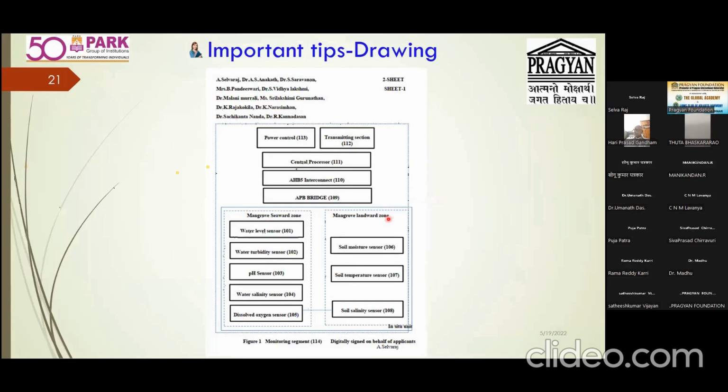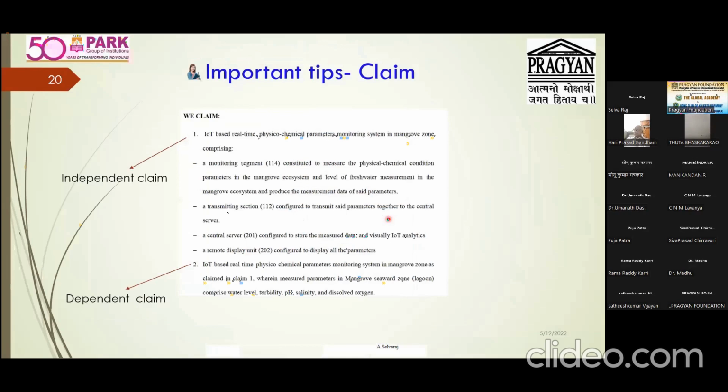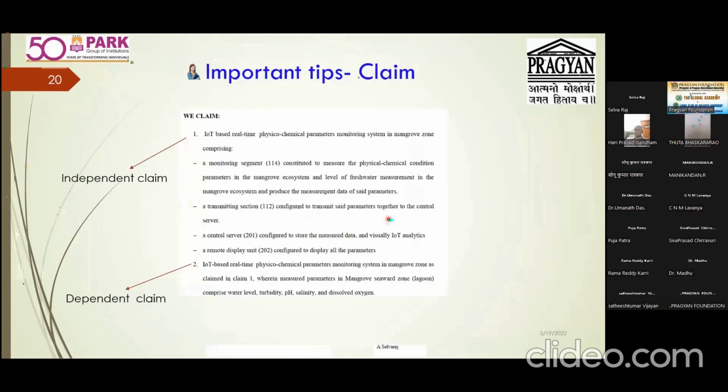Okay, so this is the abstract. See, the abstract I said earlier, from the claim I can derive the abstract. So listen here: IoT based real-time physiochemical parameter management system in mangrove zone comprising. This is a transitional. See, this is consisting of, contains, comprising. Yes, transitional.